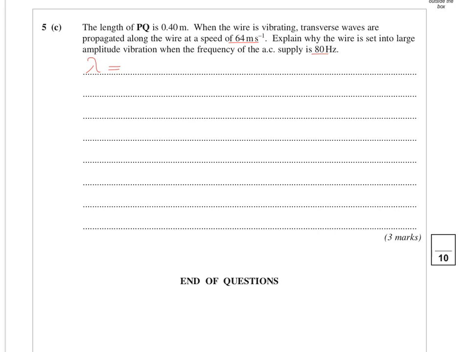The wavelength of those vibrations is v over f, which is 64 divided by 80. Let's calculate that: 0.8 meters. And so therefore the wavelength equals 2L. So essentially we're forming the fundamental mode of vibration.